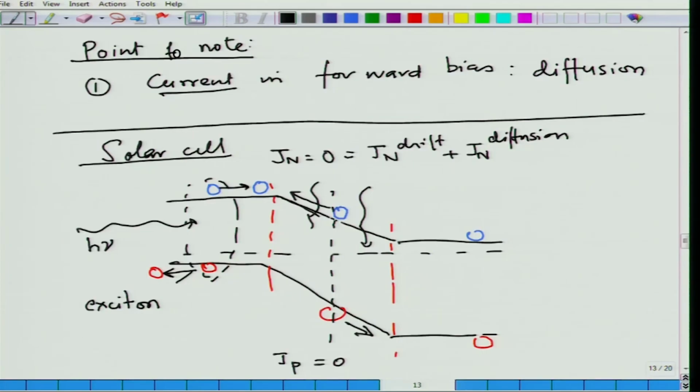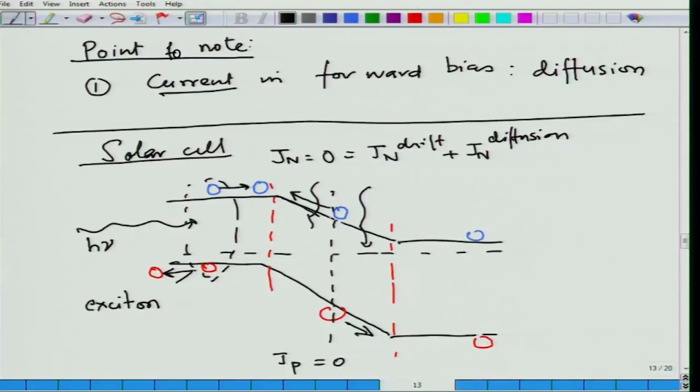So, in order to work as a solar cell, it is important for a p-n diode device that the electrons and holes are generated in the depletion zone, and hence when we are making the design of the device, it will be important to know the dimension of the depletion zone with respect to the dimension of the area which is beyond the depletion zone.